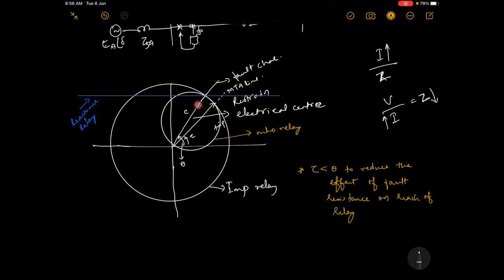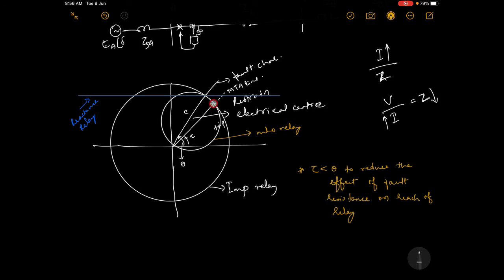Suppose Z set is this diameter of the Moore relay, or the radius of the impedance relay. The Moore relay line is almost that distance, but tau is slightly less than that. In this diagram I have shown a lot of difference, but it will be a bit nearer.